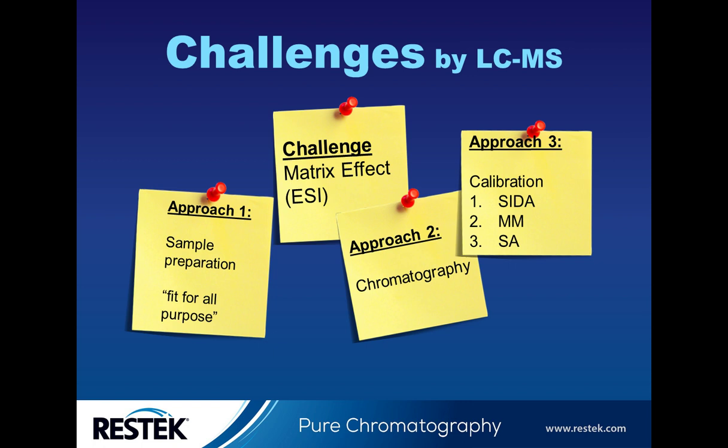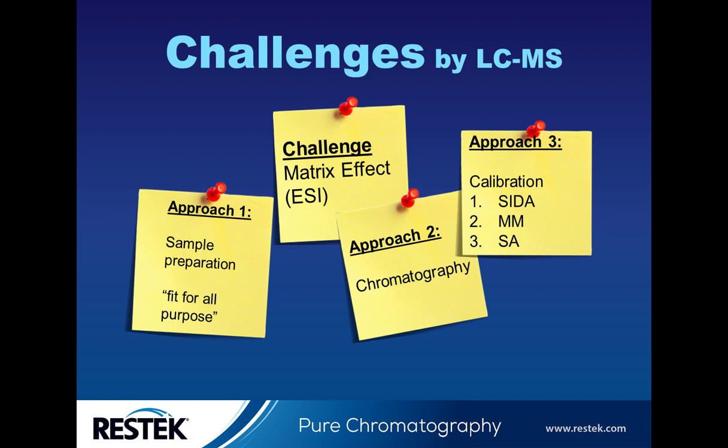It's kind of like not removing them from your target analyte. It just uses some type of calibration method to compensate for the interference or matrix effect, including stable isotope dilution assay, in short called SIDA, matrix-matched calibration, and also standard addition.